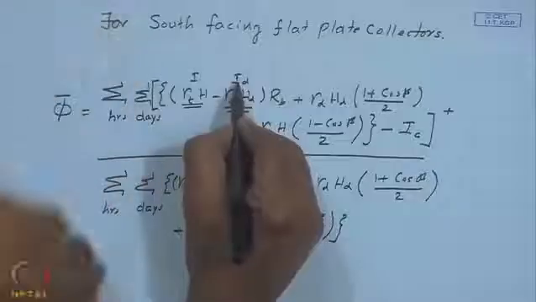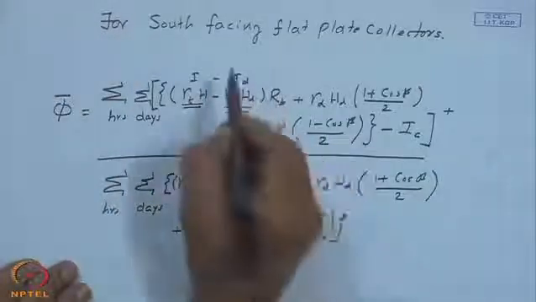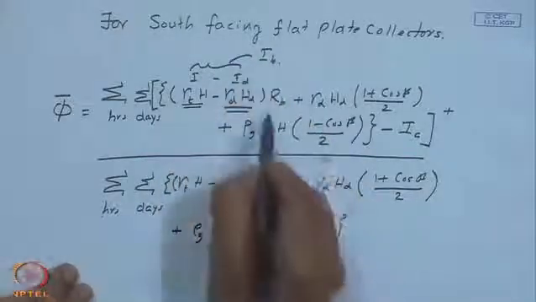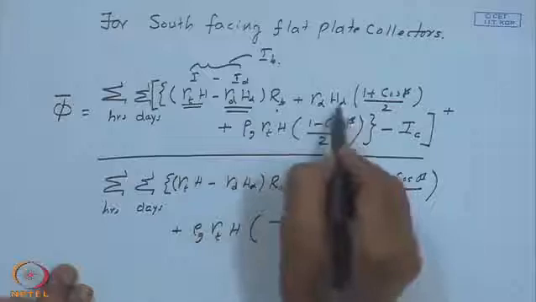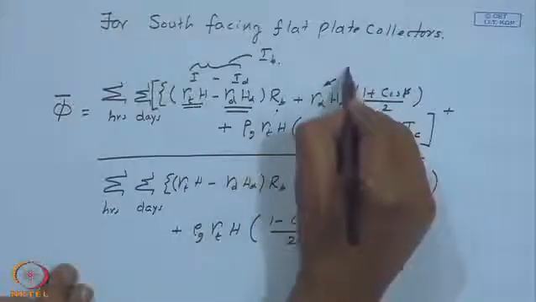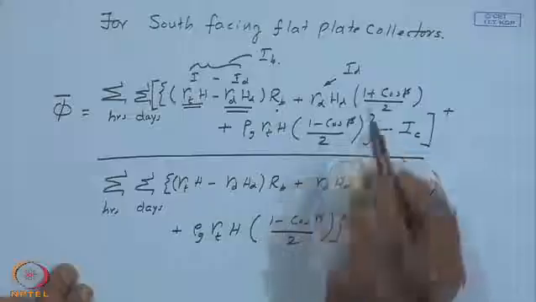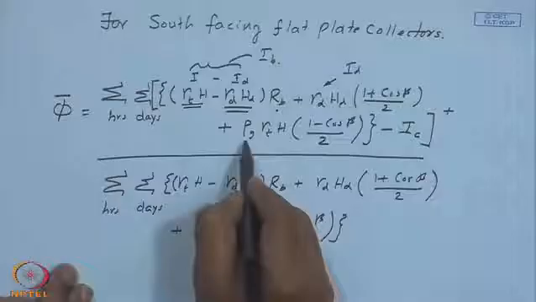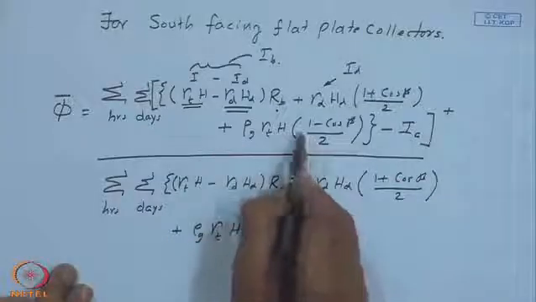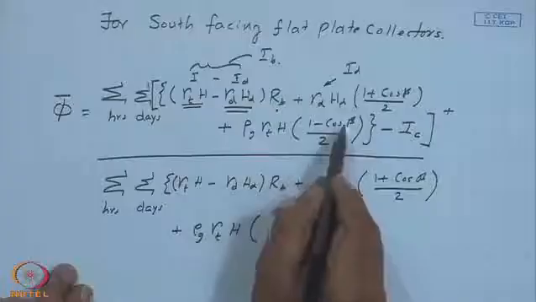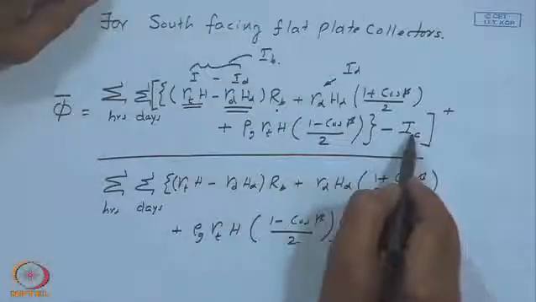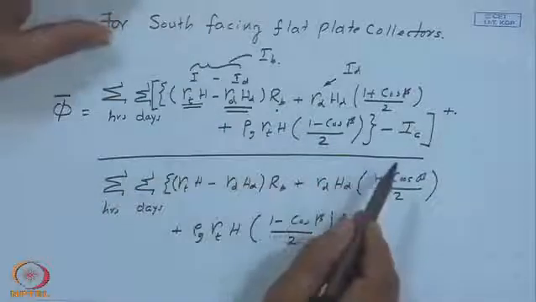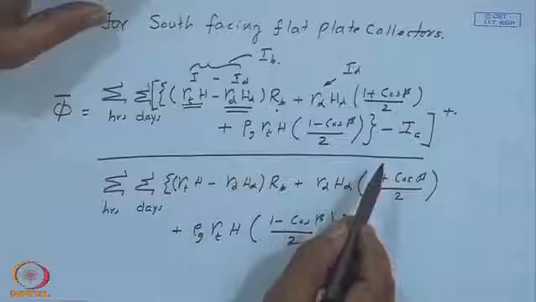So, this makes it I minus I d, which is nothing but my I b, the direct radiation, that multiplied by the tilt factor, and R d into H d is again nothing but I d times 1 plus cos beta by 2. R t into h is I multiplied by rho, the ground reflectance, will give me the ground reflected component multiplied by the corresponding view factor 1 minus cos beta by 2, minus I c. The superscript plus indicates only the positive part is to be taken. Whenever this quantity is negative, it shall be reckoned as 0.